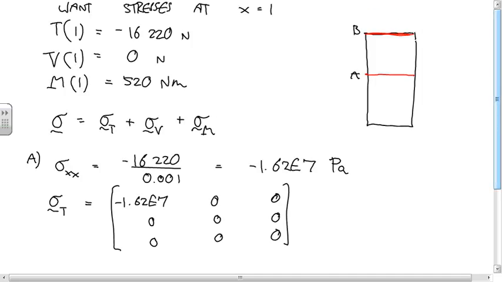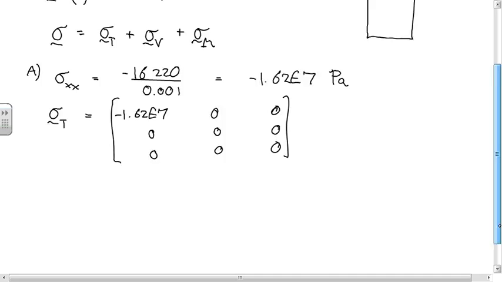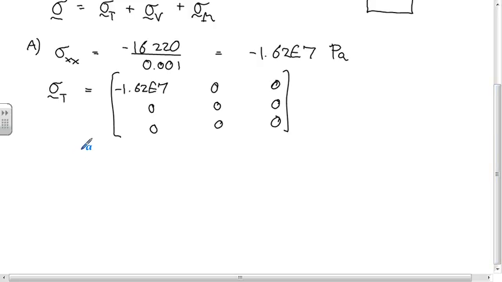So now let's calculate the stress at the neutral axis due to the shear force. What type of stress comes from the shear force? Yeah, shear stress, and what are the components? Makes sense. XY, yep.